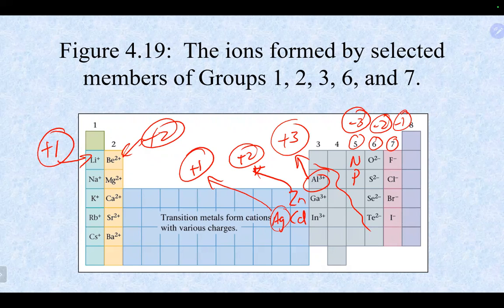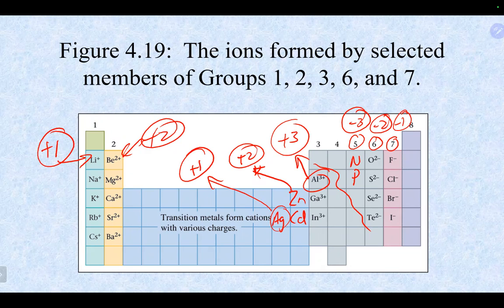Pretty much everybody else in transition metal region can make a variable type charge. And even as I was just talking about, outside the transition metal region, below the staircase, where you have things like tin, Sn, lead, Pb, bismuth, Bi, they can make multiple types of charges as well. So they have kind of variable type of positive charges. Any questions on that there?